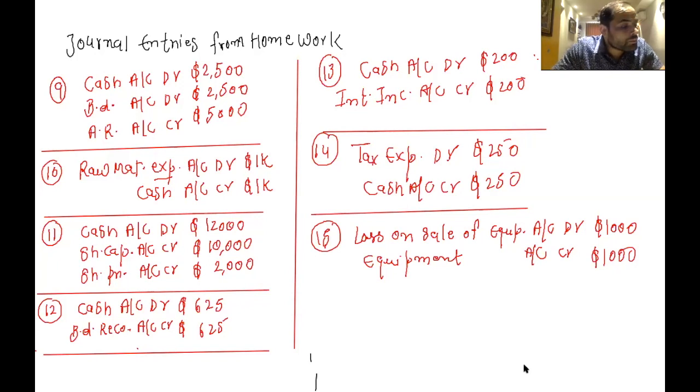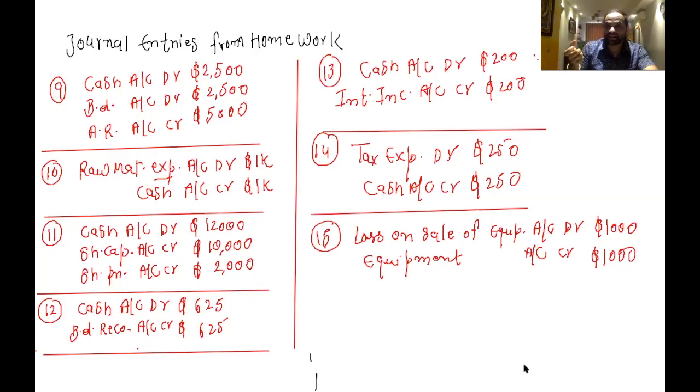Can I ask about number 6? Why is it called credit? Let me check. Number 6 is depreciation on car is 10% of 10,000. So your question is why car is credit? Depreciation means the value of assets goes down. Car value reduces.